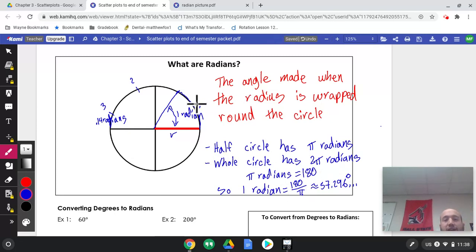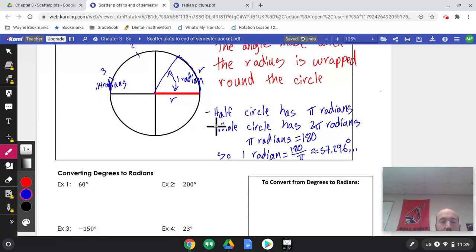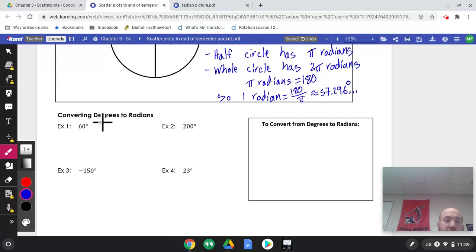Once again, if we lay the radius on the edge, the angle formed is 1 radian. Down here, if we are asked to convert degrees to radians, if we start with x degrees, all we need to do is multiply it by pi and divide it by 180 degrees. Degrees and degrees will cancel and we'll be left with some amount of radians.